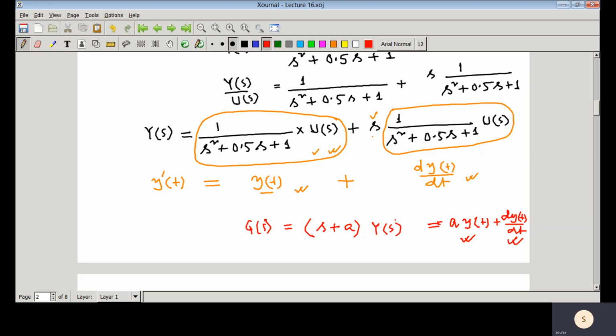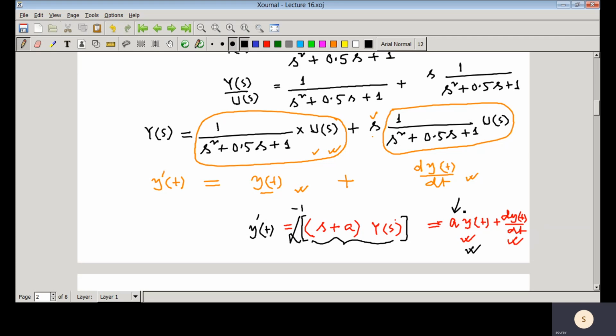So once you introduce a 0 to the transfer function, the response that you would have, y dash t, is a y(t) plus dy(t) by dt.